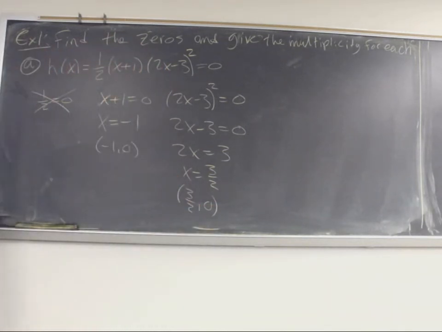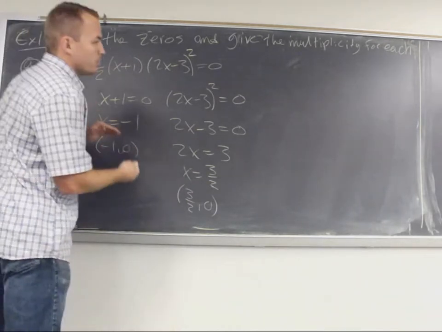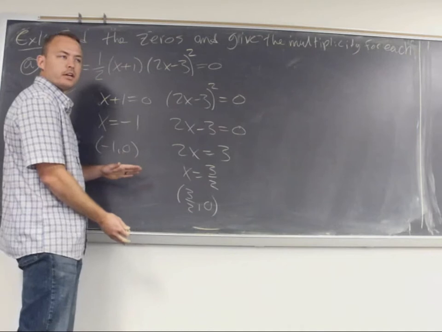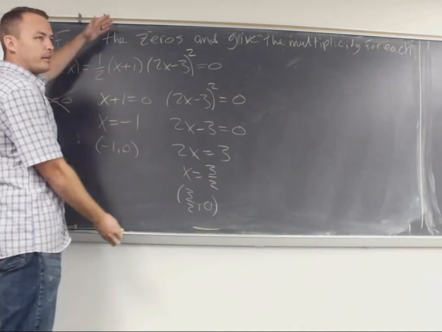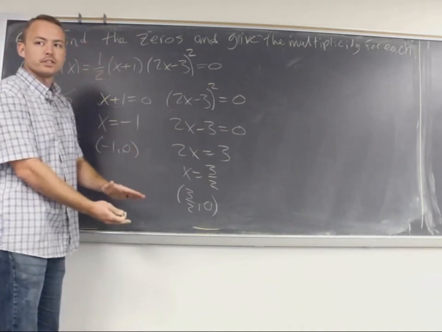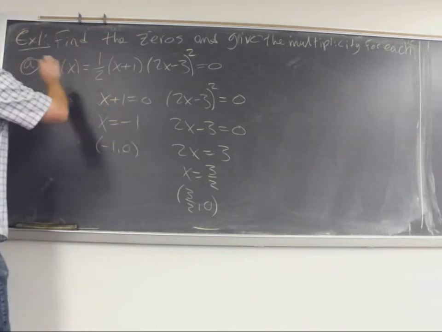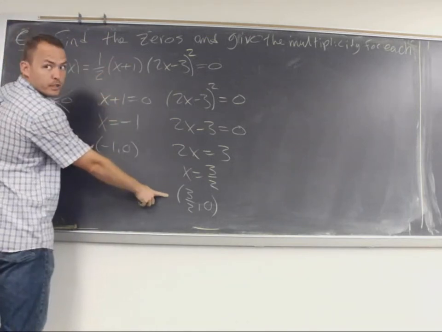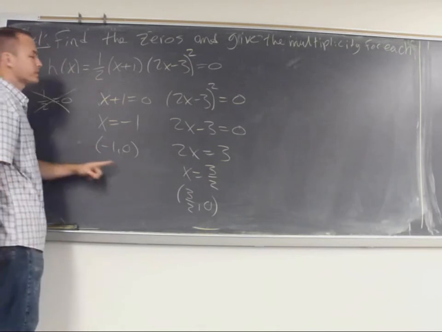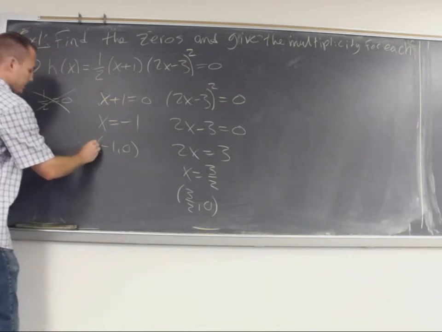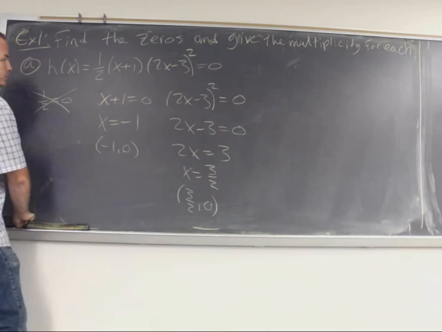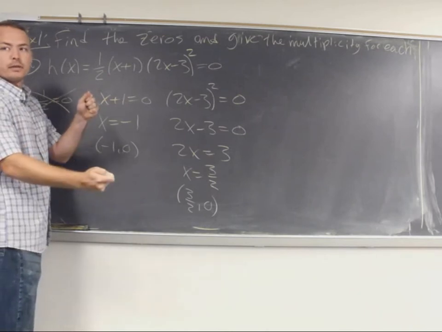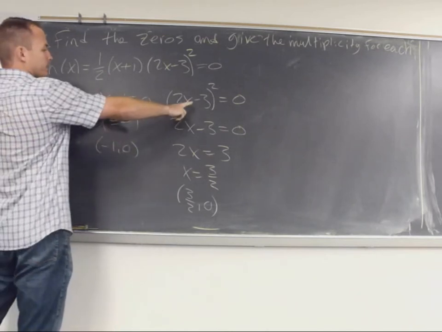So this is where we stopped in the past because this is all we cared about. But now this is where multiplicity comes into play. We're going to add a little bit on. We do 95% of the work up here, and multiplicity is just 5%. So to find multiplicity of both of these points, we need to come back to where we were right before we separated them.